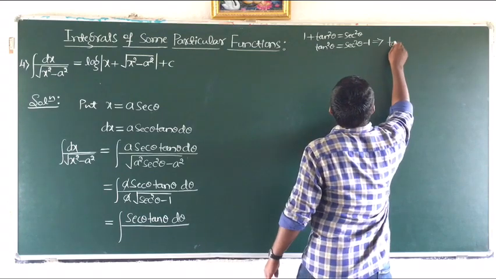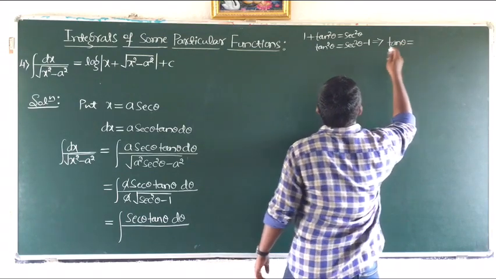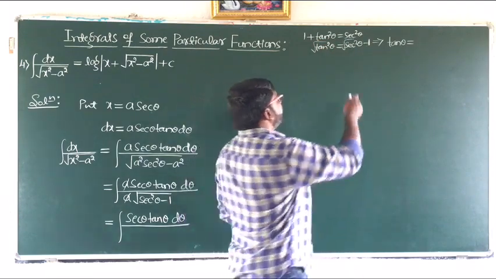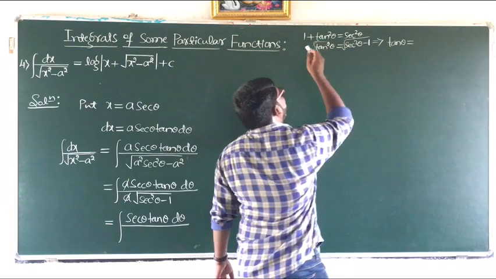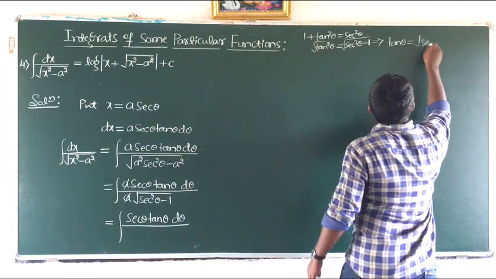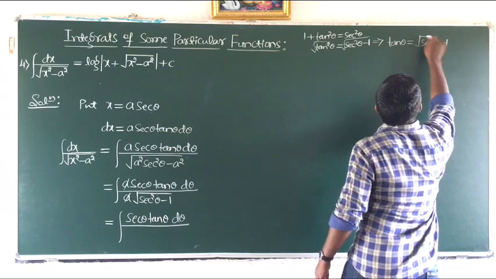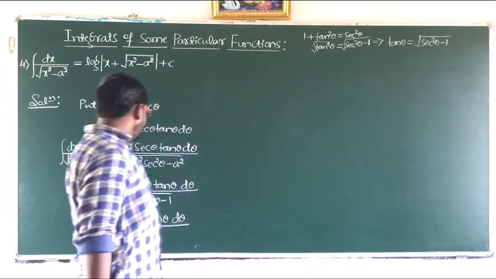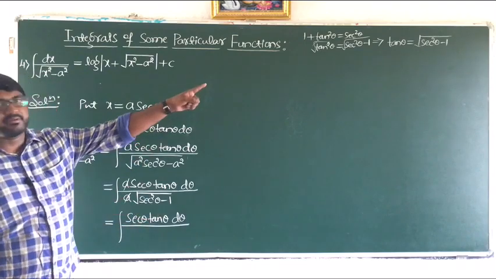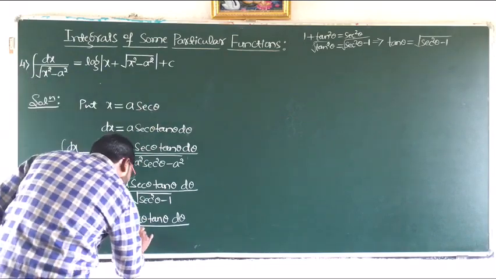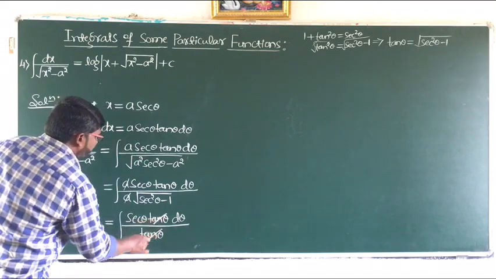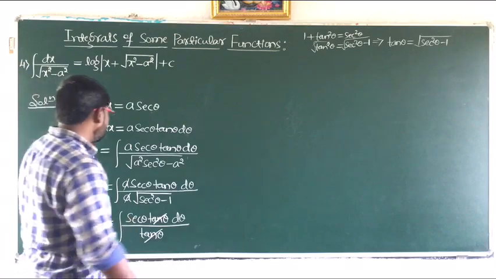If you take the square root on both sides, the square and root get cancelled. We have only root of secant square theta minus 1. So now we have that standard form. Under root secant square theta minus 1 can be written as tan theta. So I write tan theta. Now tan theta and tan theta get cancelled. We have only secant theta.